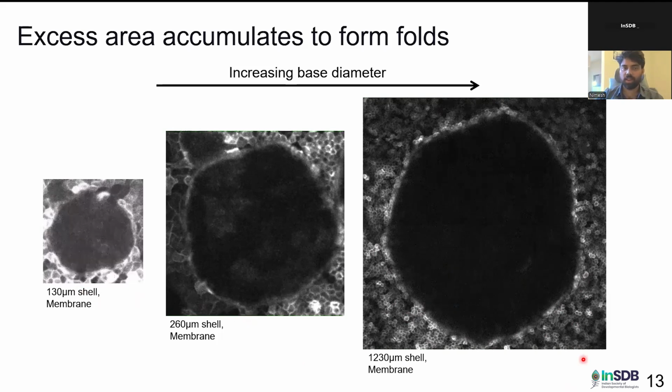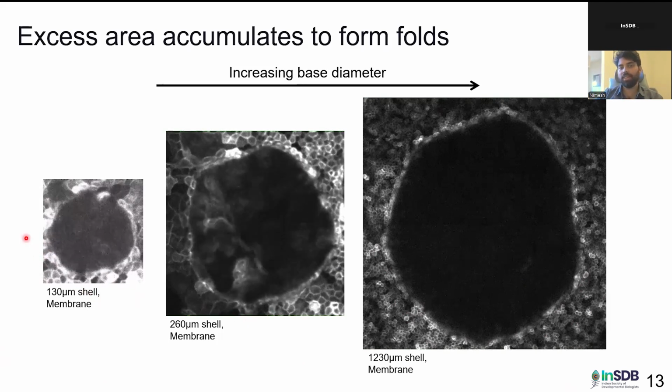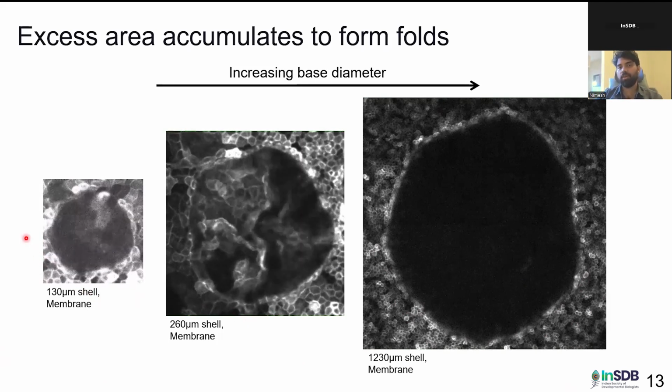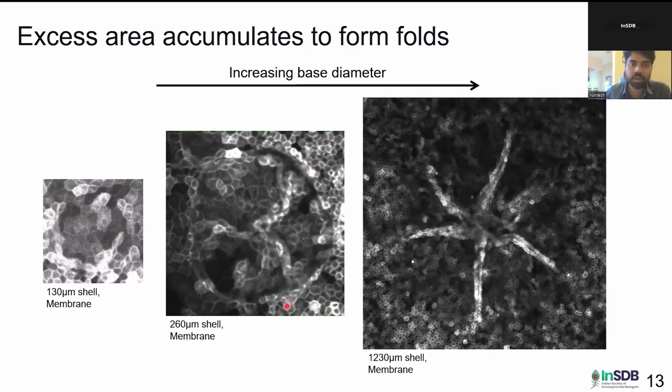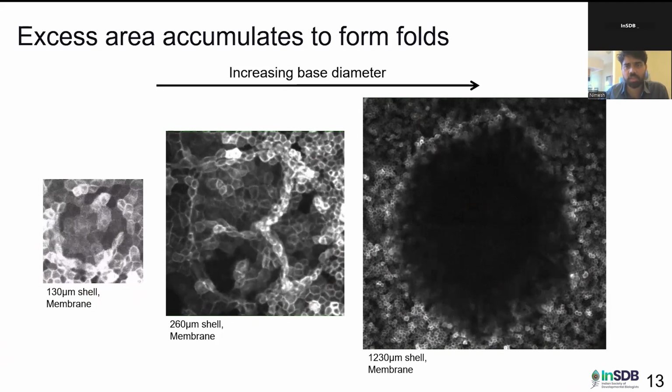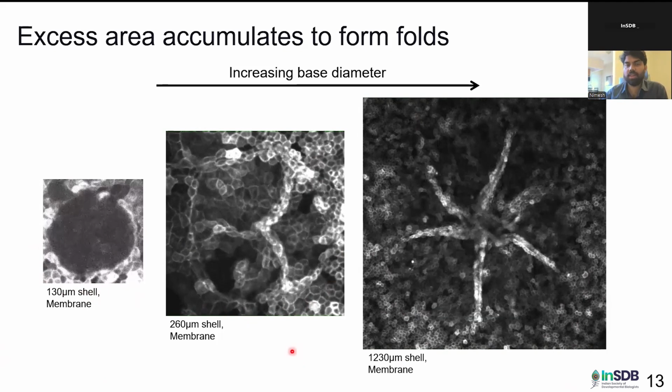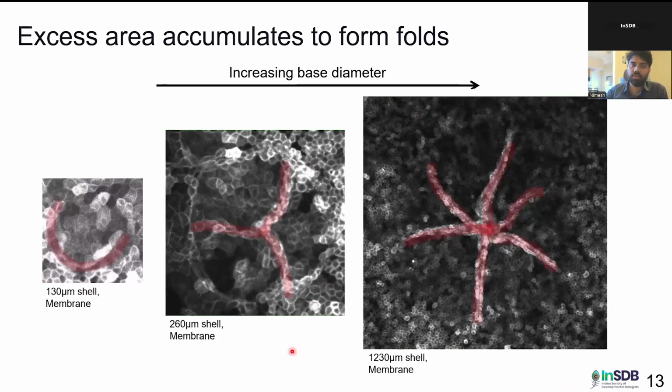In this one, you can clearly see that the shell comes down in the middle first and creates accumulation around the periphery. But in the larger size shells, we have radial patterns. So the question is why there are these two different patterns. What breaks this symmetry from a peripheral fold to a radial fold?